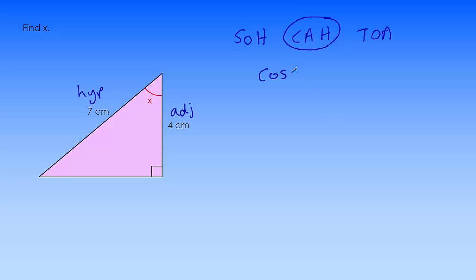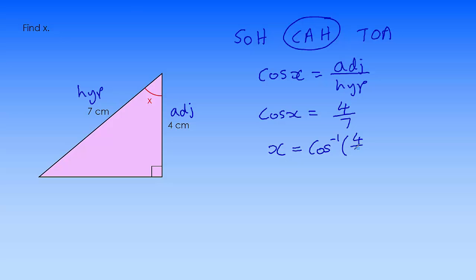So the cosine of our named angle is equal to the length of the adjacent divided by the length of the hypotenuse. So cos x is equal to 4/7. Then x is the inverse cosine, cos minus 1, of 4/7. So we just need to calculate that.